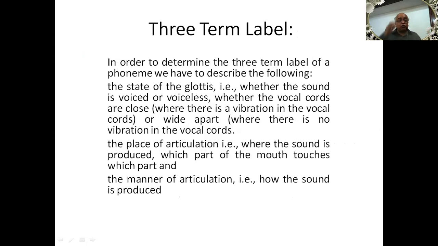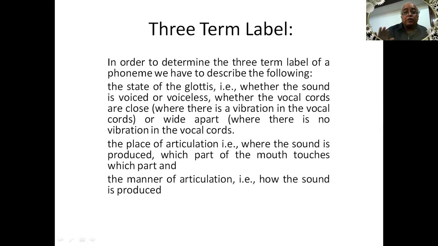Now, there will always be a question before we come to the consonant chart. Let's just talk of this. We may be asked to give the three-term label of the consonant sounds. In order to determine the three-term label of the phoneme, we have to describe it in the following manner.